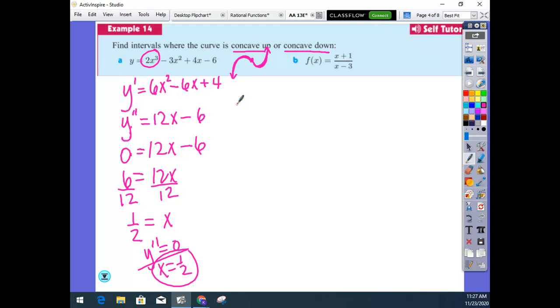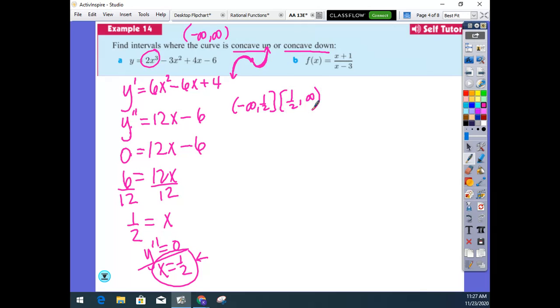So I'm just going to take my negative infinity to infinity and just insert, just like we did with increasing, decreasing. So negative infinity to 1/2 and 1/2 to infinity. Now we're going to plug values. Let's try 0 because that would be in this first interval.